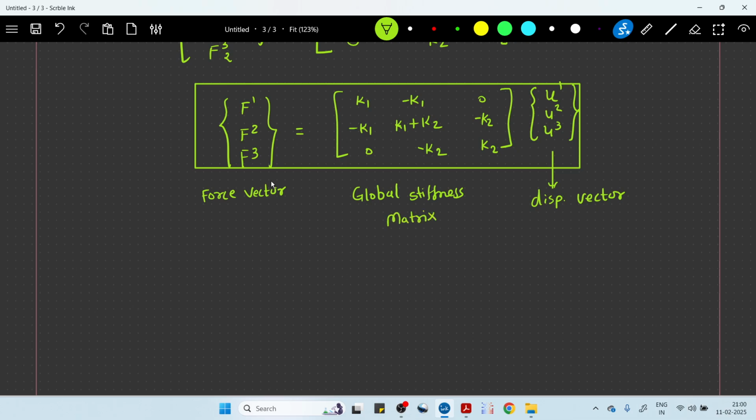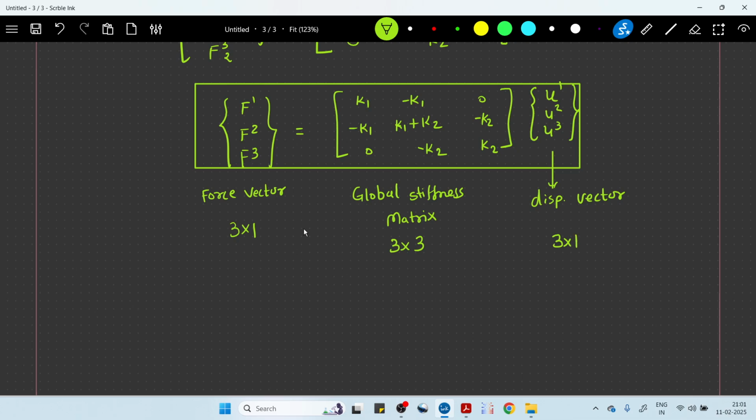So from the element stiffness matrix we have got the global stiffness matrix. If you see, the sizes are 3 by 1, 3 by 3 and 3 by 1, right?